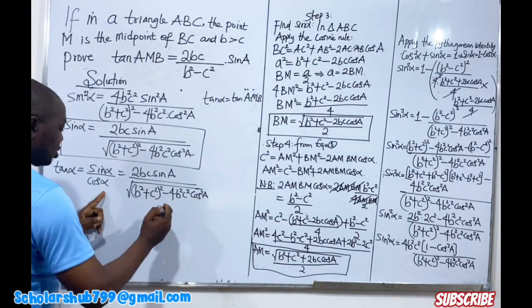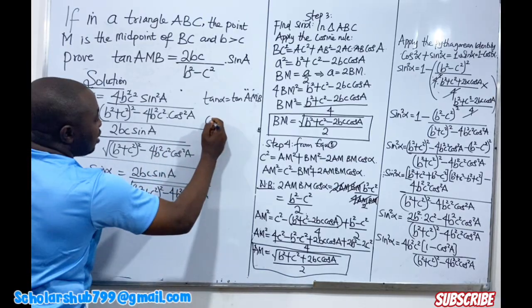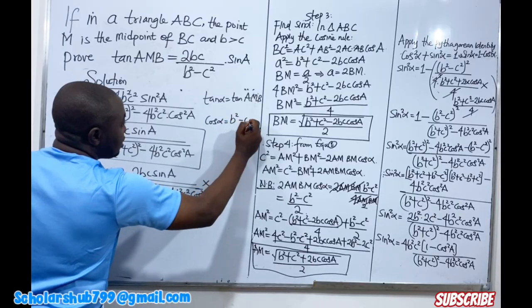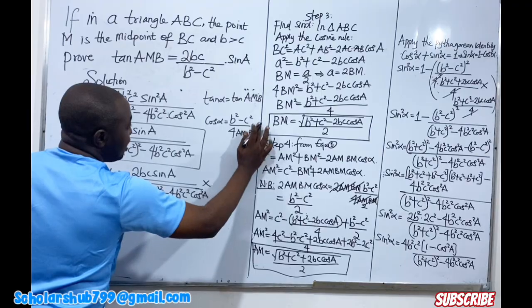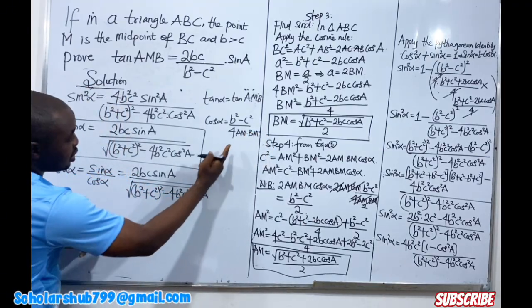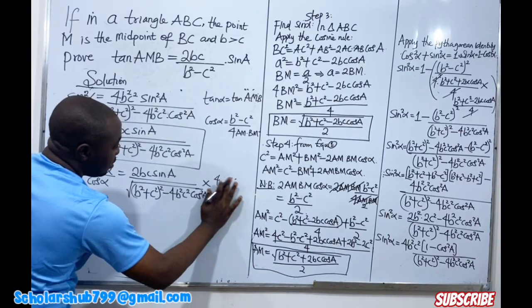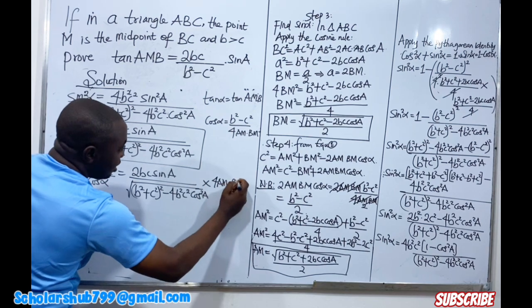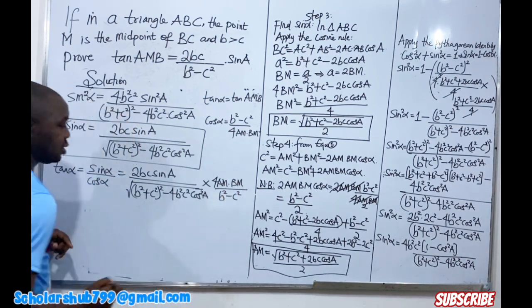Divide by cos. Let's not forget that cos alpha is b squared minus c squared divided by 4 AM times BM. Okay, so this is going to come up. This becomes 4 AM times BM divided by b squared minus c squared.